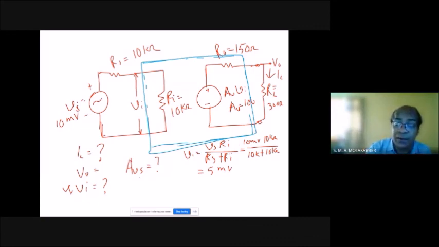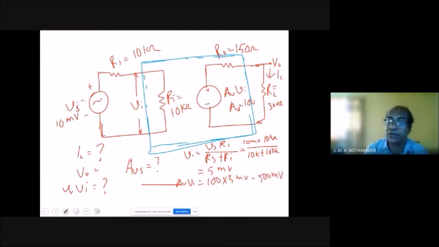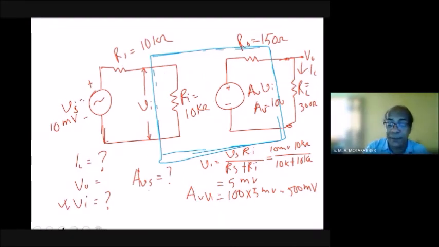So we can write down AV multiplied by VI equal to AV, which is given, actually 100, it is unitless, multiplied by 5 millivolt, it is actually 500 millivolt, or you can say it is simply 0.5 volt. So AV into VI is 500 millivolts, which means 0.5 volt.